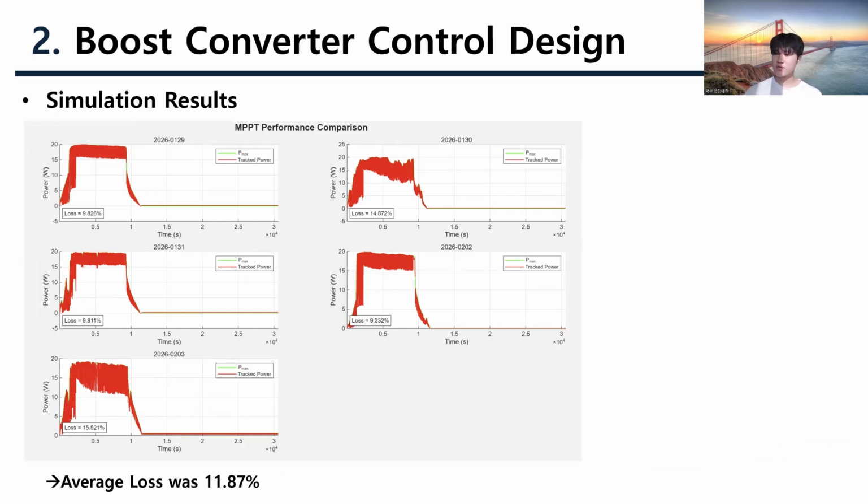Running the simulation across all 6 measurement days using the BAS MPPT algorithm with our PI voltage controller, the average power tracking loss was 11.87%.